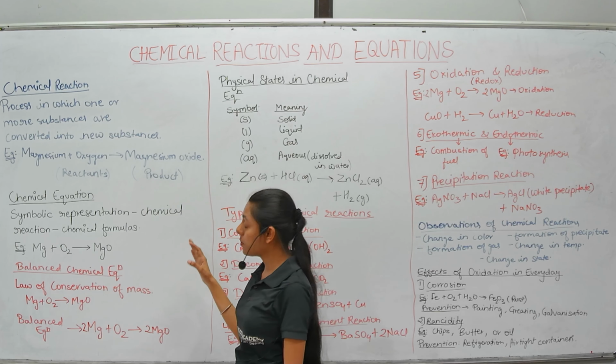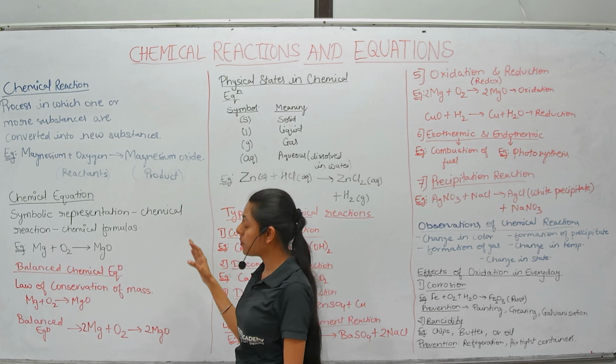First we'll see this reaction: magnesium is 1 plus oxygen is 2, which will give magnesium oxide. The number of atoms of magnesium is 1, so here it is balanced, but the number of atoms of oxygen is 2 on the left. Here I have written the balanced equation.